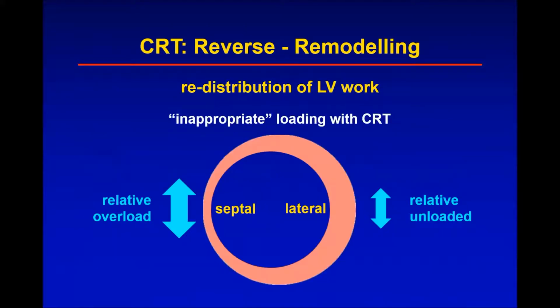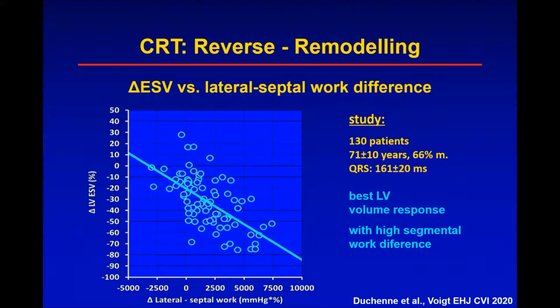So what we do now, we have a relative overload of the septum and a relative unloading of the lateral wall. And this is actually very predictive for CRT response. When we look at this work difference between lateral wall and septum and look at the remodeling later, then we can show that there is a nice correlation between the two.